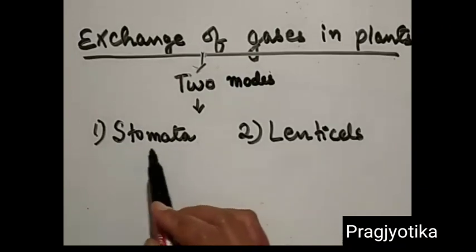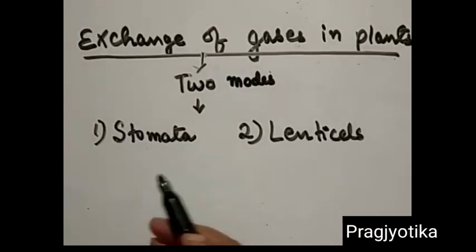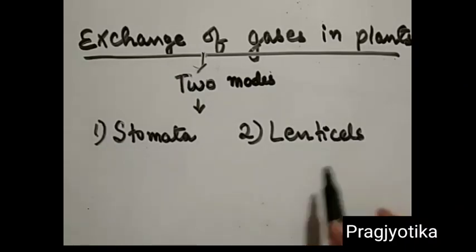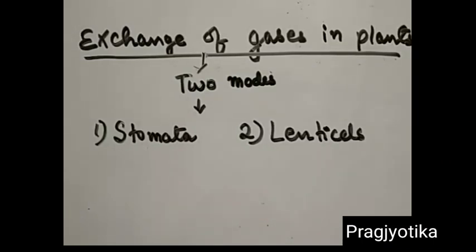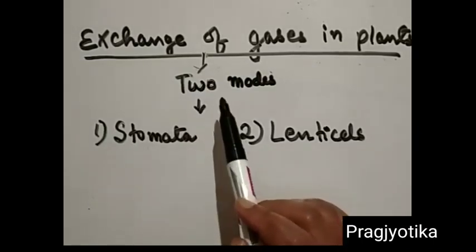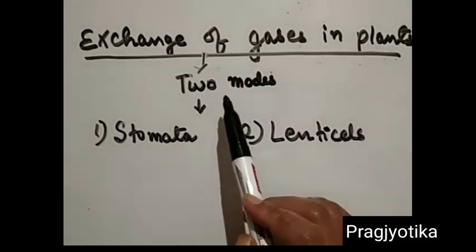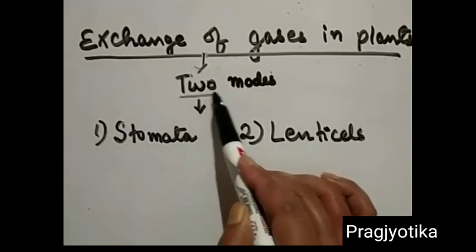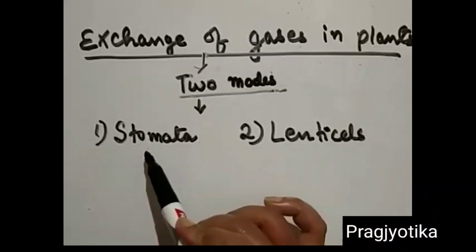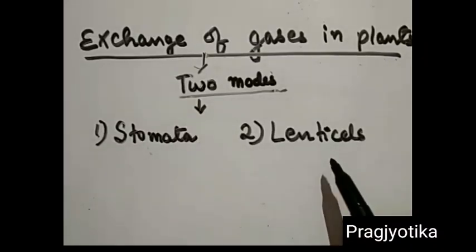But stomata are present on the lower surface of leaves and in some green stems, whereas lenticels are present on the mature roots and woody stems of trees. So the two modes for exchange of gases in plants are stomata and lenticels.